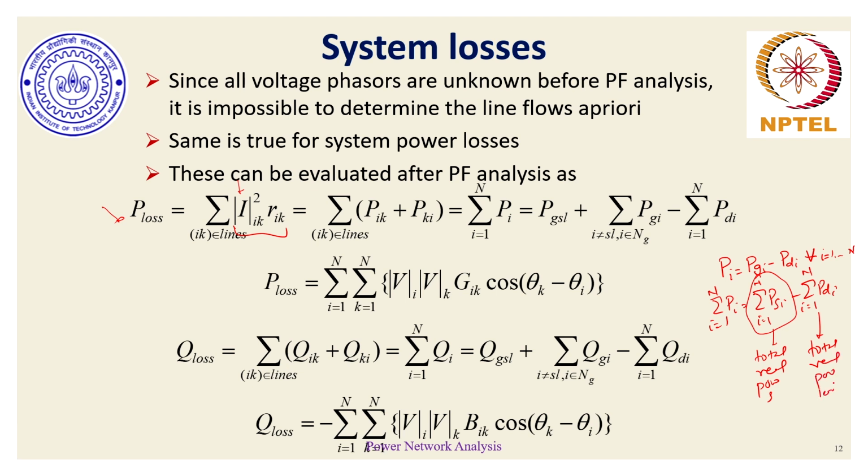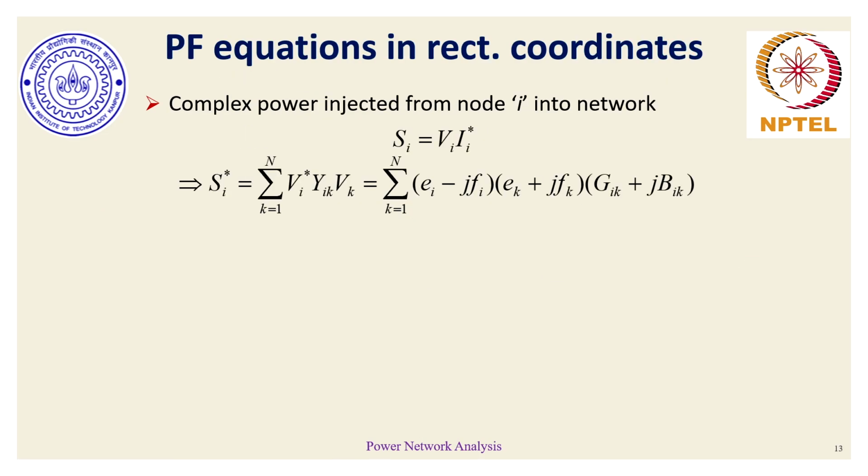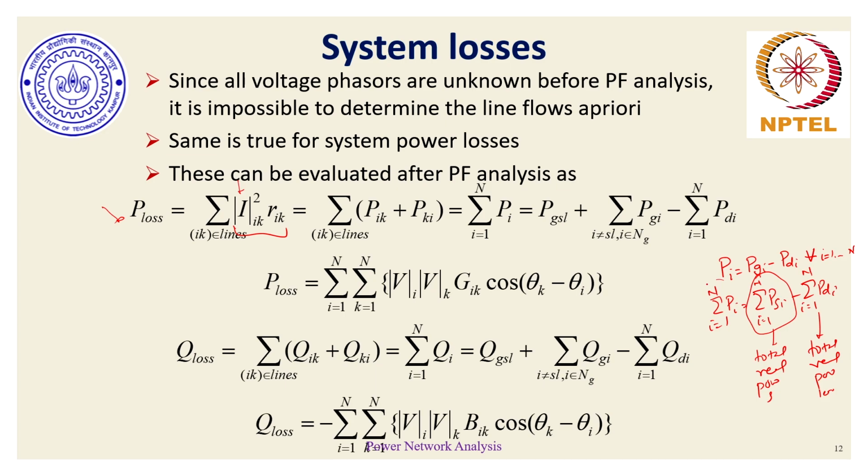And if total generation is not exactly equal to the total real power load, then the difference has to be the total real power loss, which is happening in the transmission lines as I square R loss.